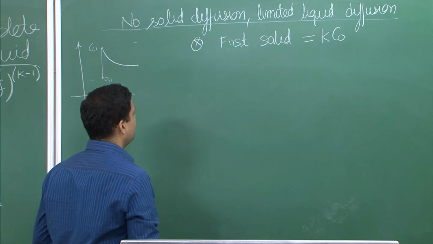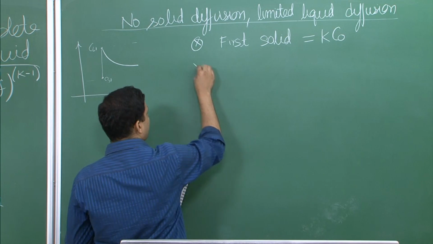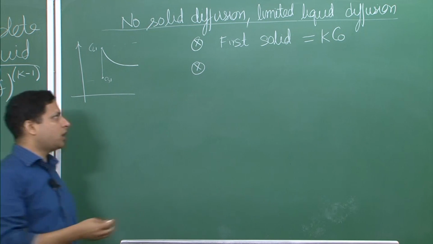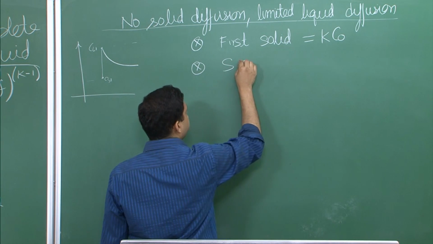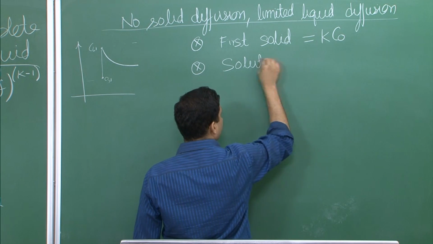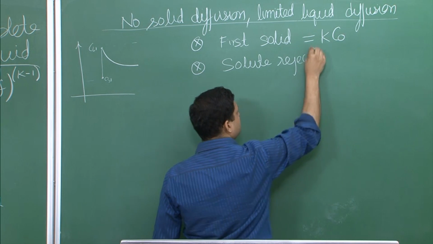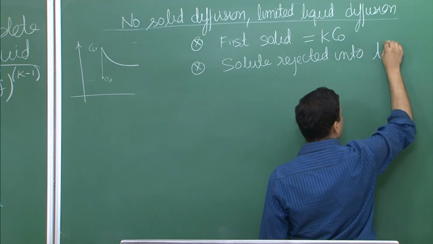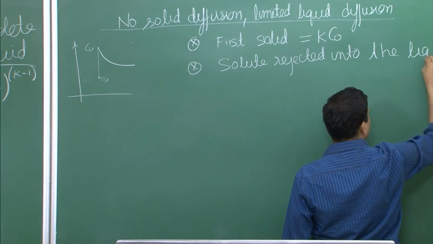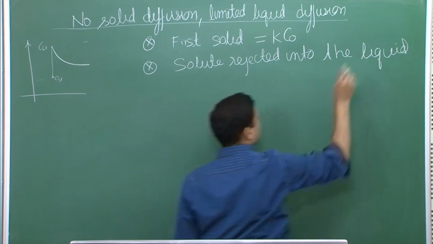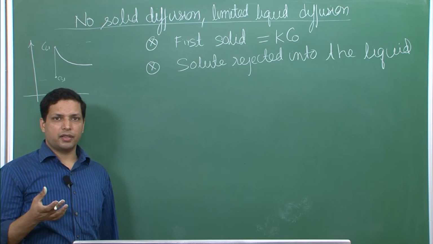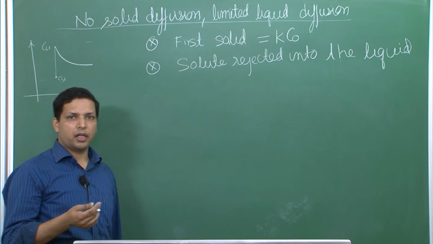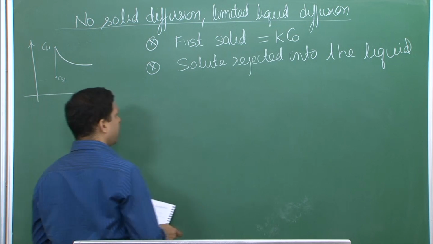So, this is still true for this case. The solute which is rejected into the liquid builds up. So, solute is getting rejected from the solid and it is getting pushed into the liquid. So, it gets built up at the interface.